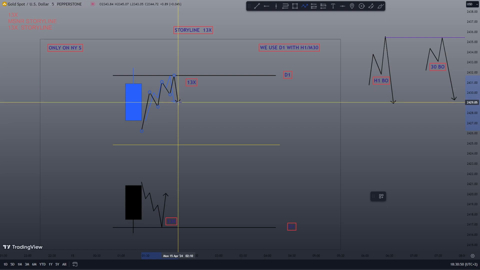If H1 is the recent one, we pick H1 breakout. If the M30 V level is the recent one, we pick M30 breakout.